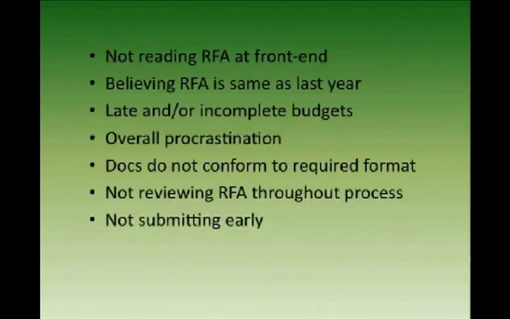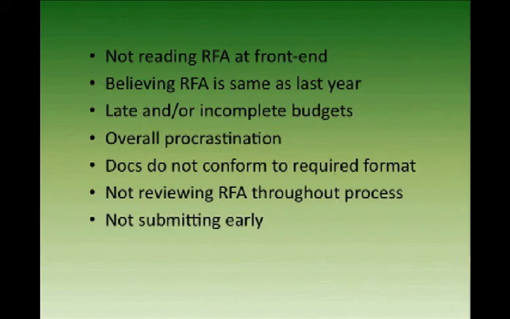The common errors that I have seen: not reading the RFA on the front end. Often, if you don't look at that matching section, you can actually miss the boat on a couple of things. Believing that the RFA hasn't changed and procrastinating, because it can change from year to year and has changed in this particular AFRI cycle versus the previous one.